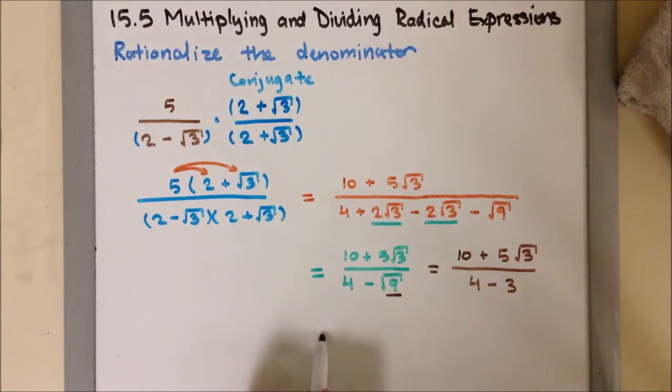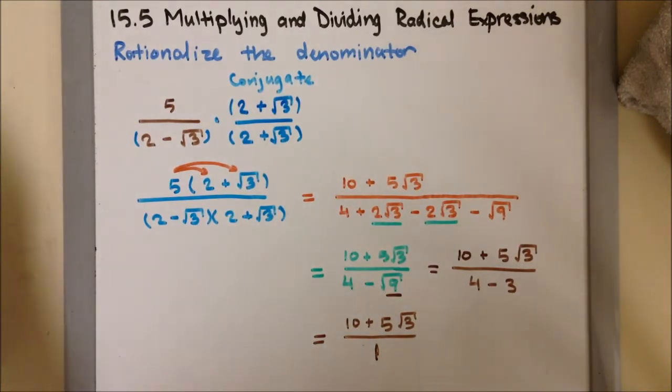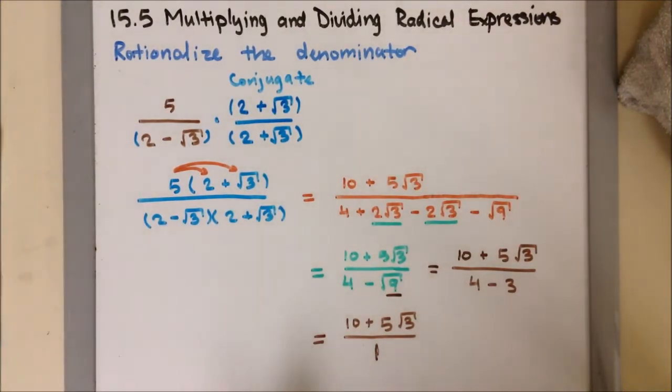So you can simplify the denominator while the numerator stays exactly the same. So 4 minus 3 is just going to be 1. And then you can still simplify that. If the denominator is 1, then your final answer is just the numerator. So 10 plus 5 square root of 3.